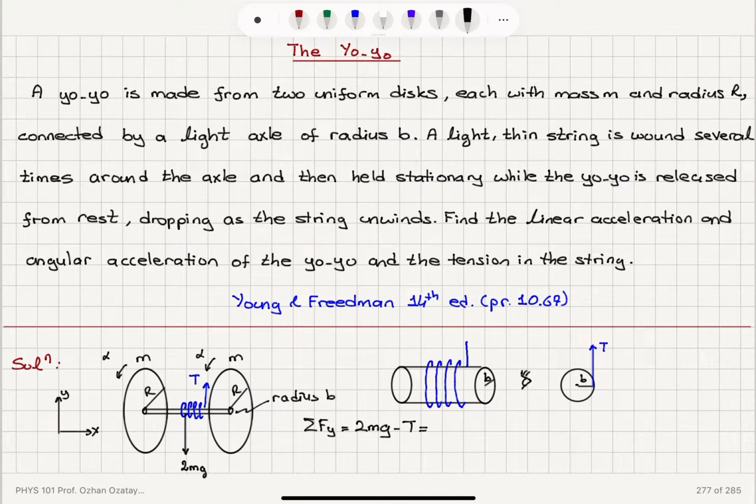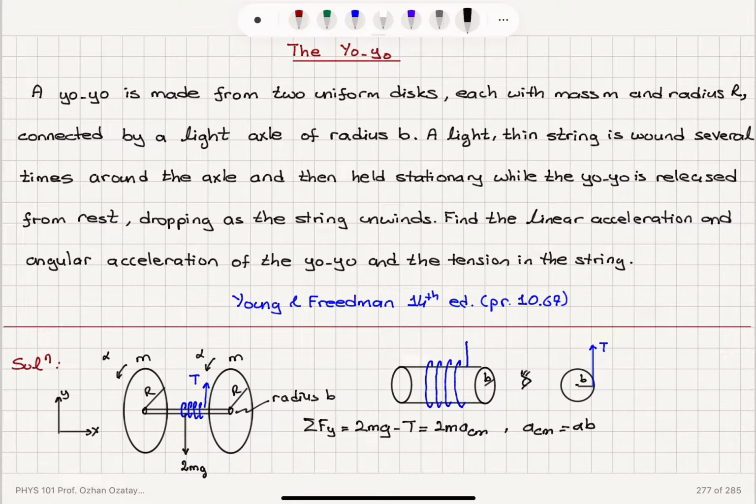So this will be equal to 2m times the acceleration of the center of mass, where the acceleration is in the minus j hat direction. And because this has no slip, the acceleration of the center of mass is related to the radius of the axle. It's going to be equal to the angular acceleration alpha times b.